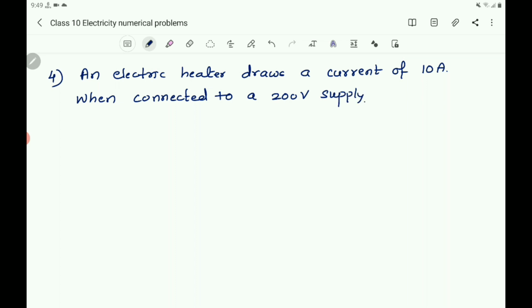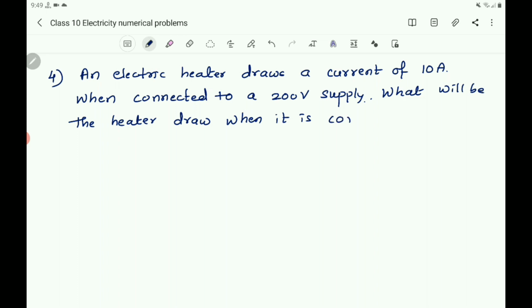What will the heater draw when it is connected to a 220 V supply?